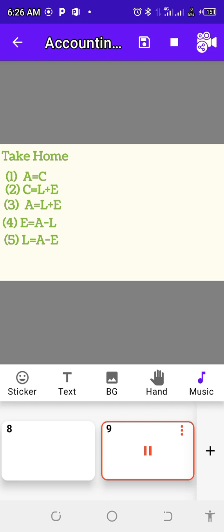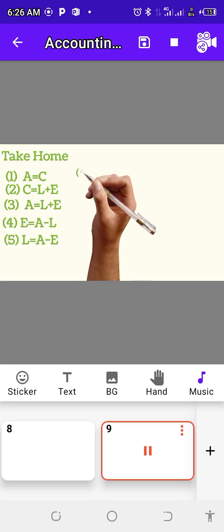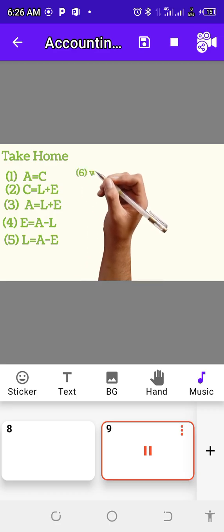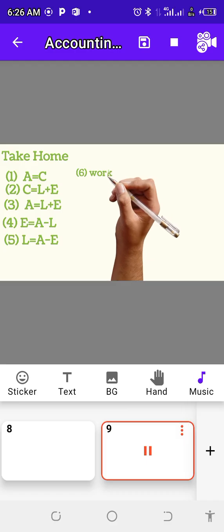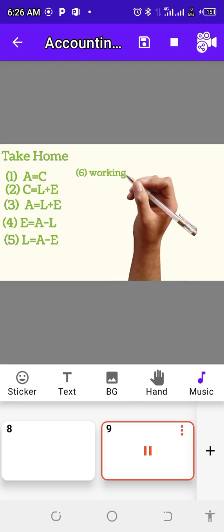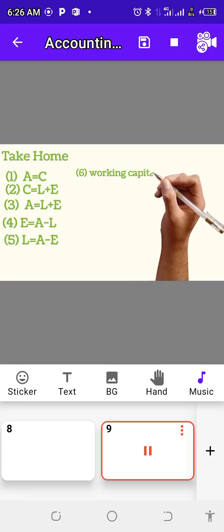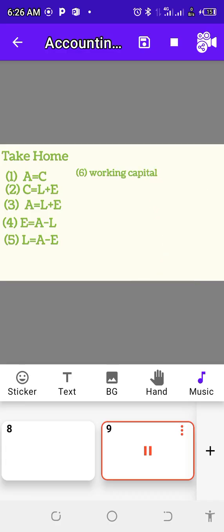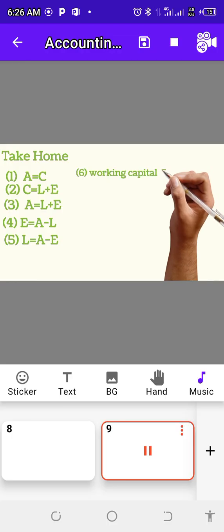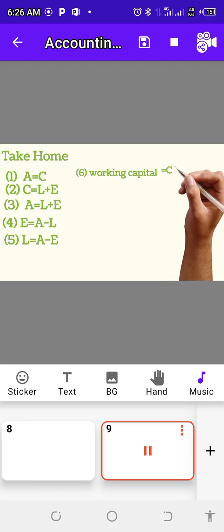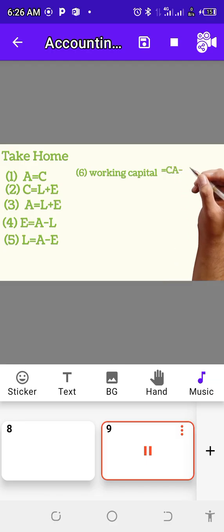You will also be asked to calculate the working capital. The working capital is equal to current assets minus current liability. You may also be asked to calculate the net worth, otherwise known as the net assets.